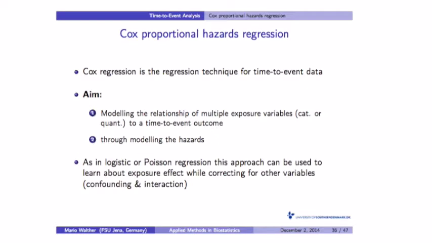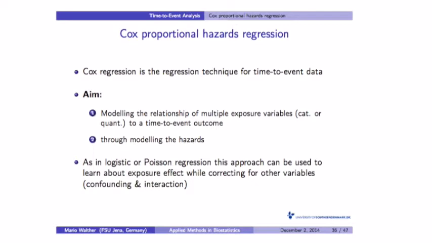Okay, what we are doing is that we model the hazard function with respect to the exposure variables, which might be gender, age, BMI, or for the leukemia study where we measure the logarithm of white blood count cells, the gender and the treatment.